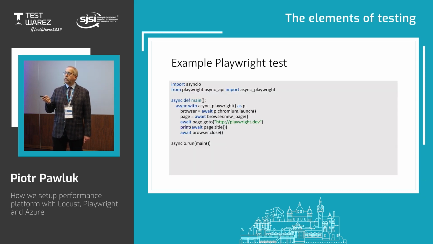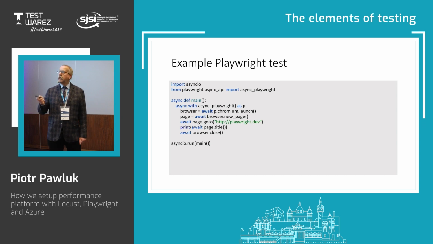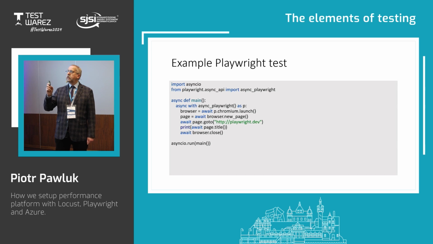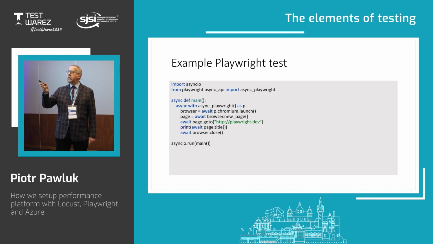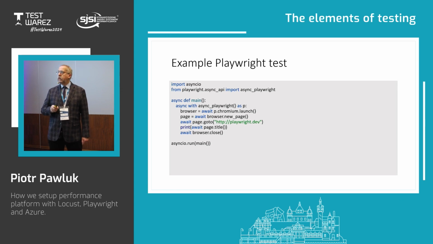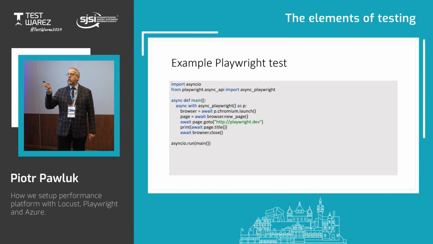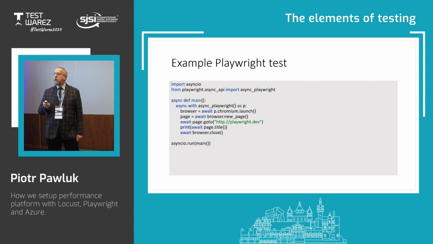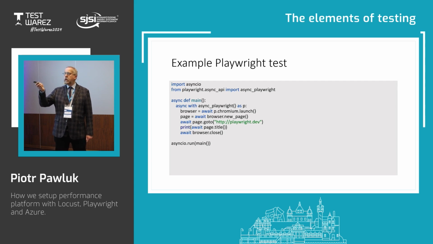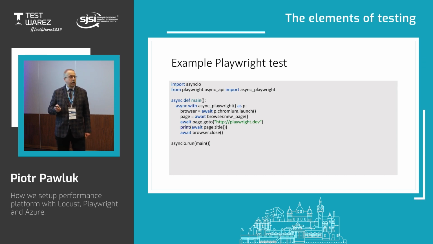Here is a very simple test in Playwright. I'm using async mode. From the Playwright async API, import async_playwright, and define some function. Here you can run the browser, start a new page, go to the page, print the title or whatever, and wait for the browser to close. Then asyncio.run runs it in asynchronous mode, and finally you have the result.